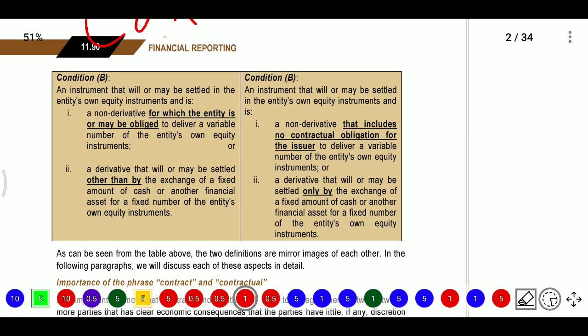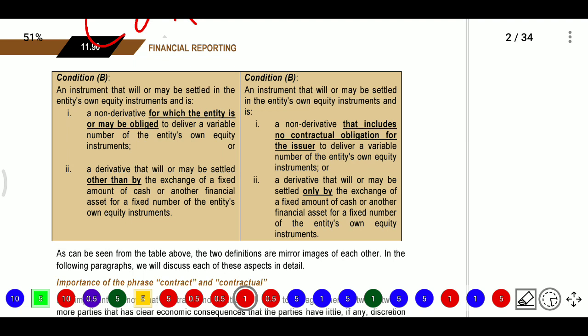And here there will be two differences. First, we will bifurcate whether the instrument is derivative or non-derivative. If it is derivative, then the settlement will be only through the exchange of a fixed amount of cash or another financial asset for a fixed number of the entity's own equity instruments, then it will be equity.